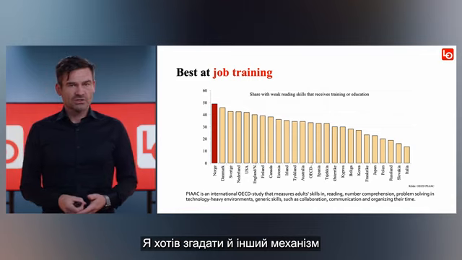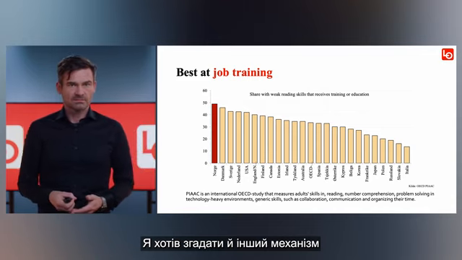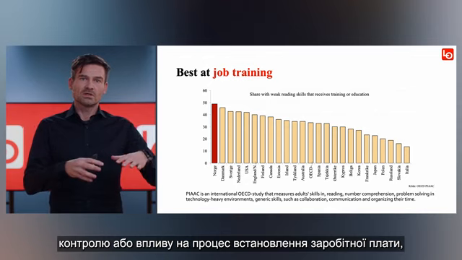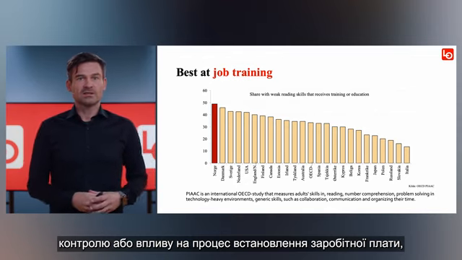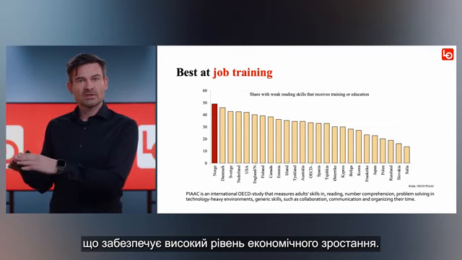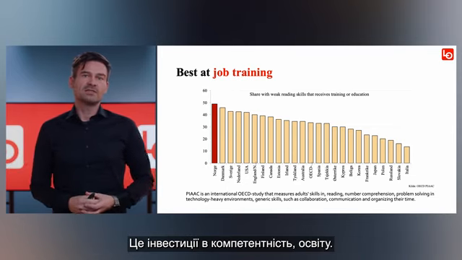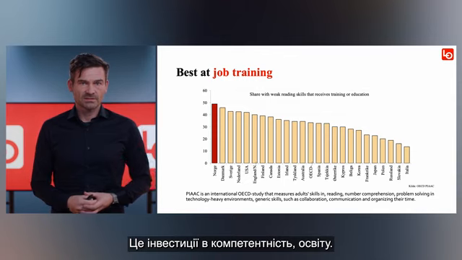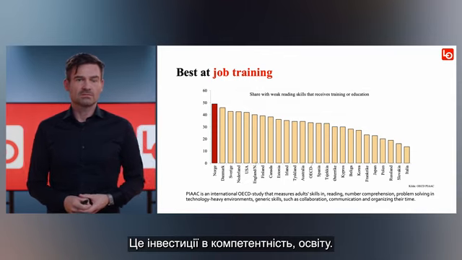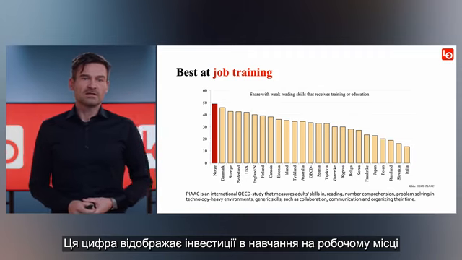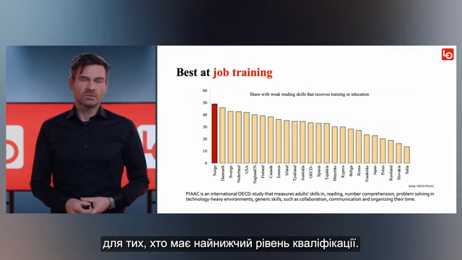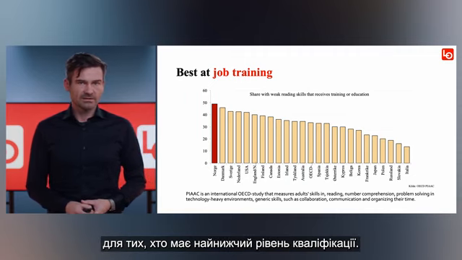I wanted to mention another mechanism from intervening in wage setting that produces high economic growth. And it's investment in competence and education. This figure shows the investment in on-the-job training for those with the lowest skill levels.